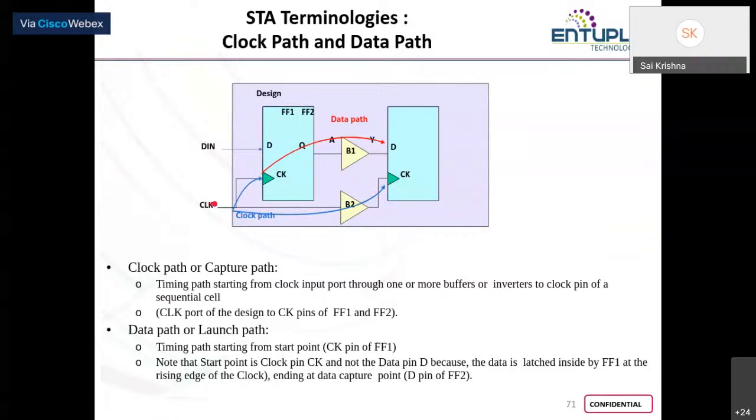So the delay across all of these arcs will give you your clock path delay and hence the clock arrival time. So if you mix up both of them, you cannot perform your timing analysis, or even if you do, it will not be accurate. That is why it is important to identify the data path and the clock path.